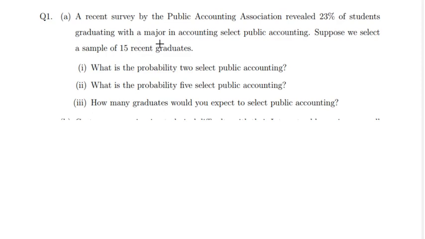Looking at this question, the Public Accounting Association revealed that 23% of students graduating will choose public accounting. That is one scenario. The second scenario is that they will not choose public accounting. So in the first case, you choose public accounting, PA, and we call this a success.